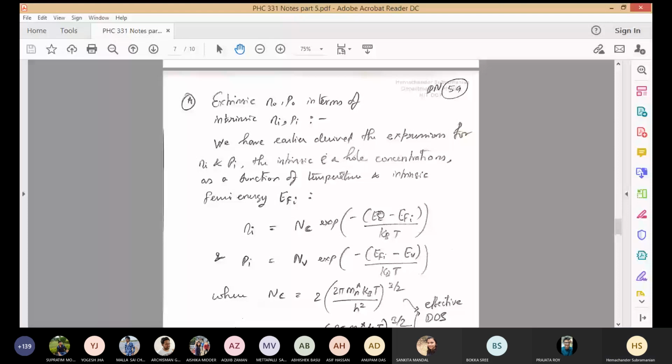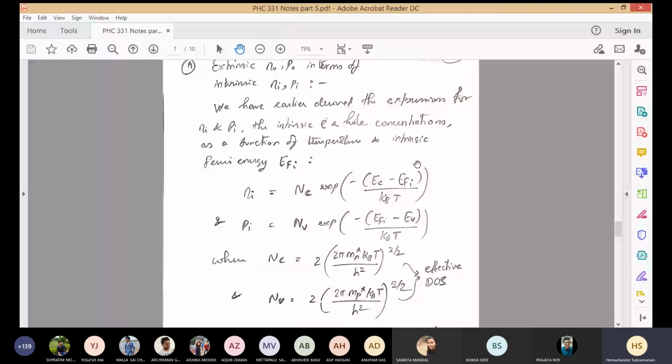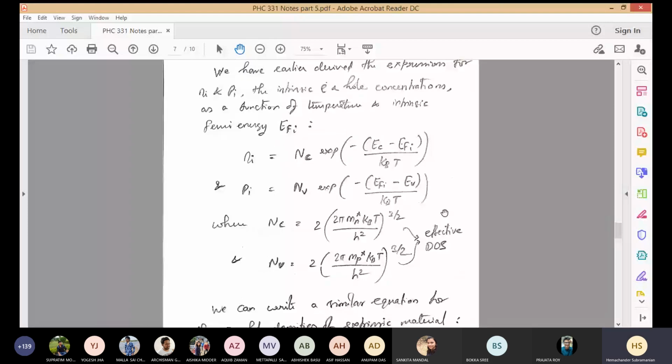As you increase the temperature, this term decreases. A negative of a decrease is an increase, so this function increases, right? Same with Pi: EFI minus EV is positive, and if you increase the temperature, this decreases, and the exponential of a negative decrease is an increase.